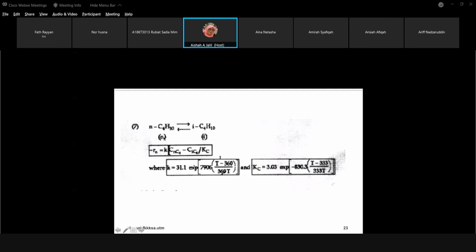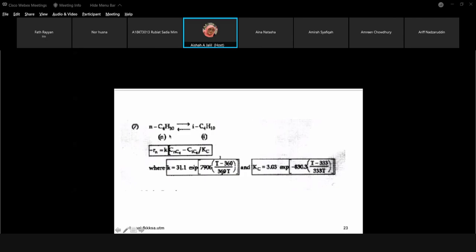So the reactant is normal butane, k is here, this is the bracket. If you can remember, here is the C for the reactant, minus the top one, which is the concentration for the product, over Kc, capital letter C. This is for the equilibrium conversion, okay? In terms of C, concentration.